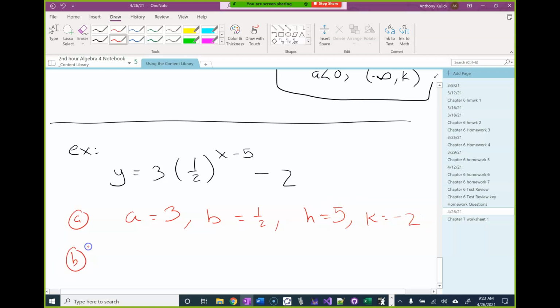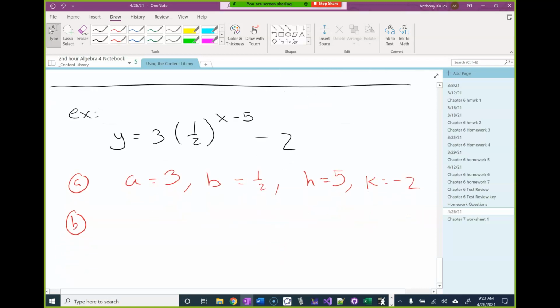Okay. Next thing up is this growth or decay. Well, is the B between 0 and 1, or is it bigger than 1? Let's start there. It's between 0 and 1. And then is the A positive or negative? Positive. So if we go back and we look at our criteria, this is the decay situation.